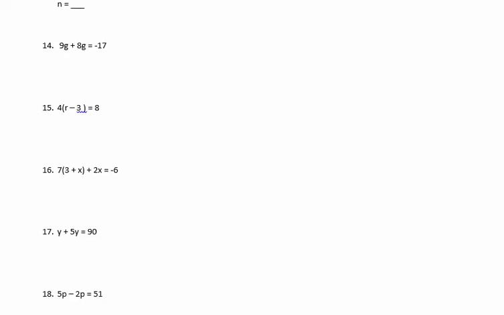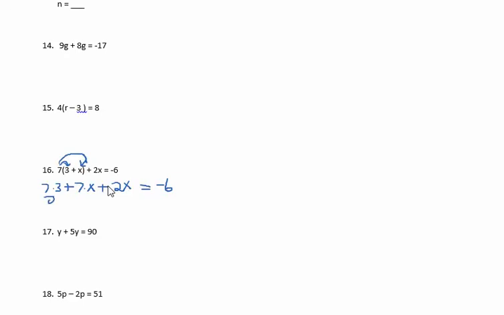Now there's a few of them where we're going to do the distributive property first. Now number 16 looks like a lot of steps, so let's work on this one together. First you're going to take 7 times 3 and then 7 times x. So 7 times 3, and then there's a plus, 7 times x, and I'm going to write all the rest of this material down too, plus 2x equals negative 6.